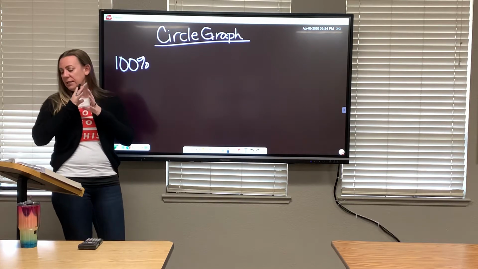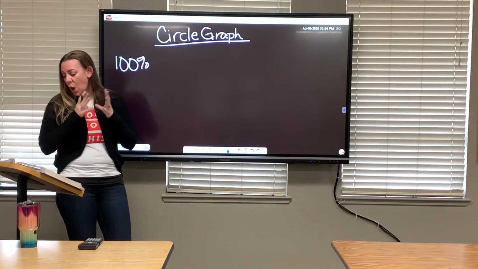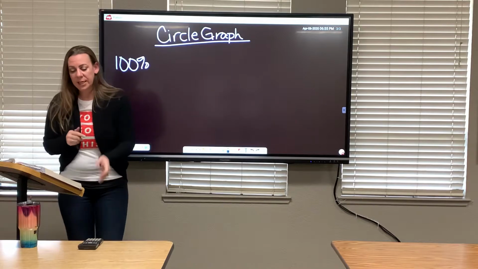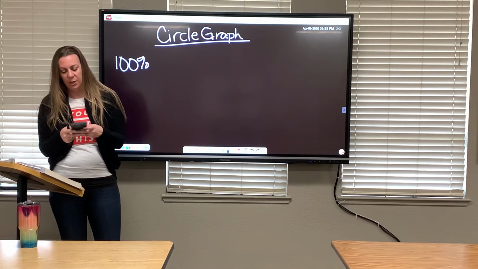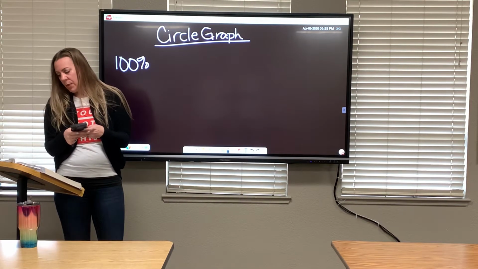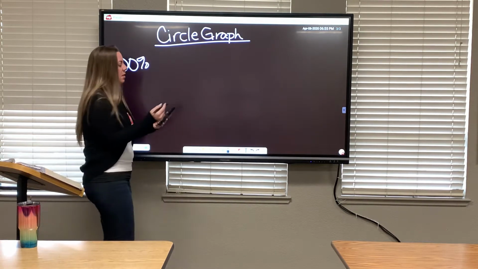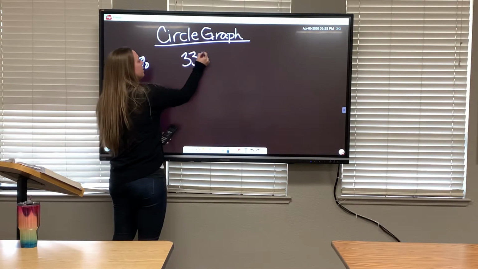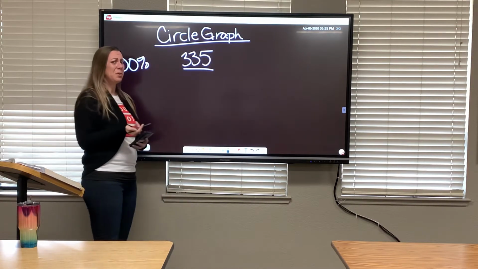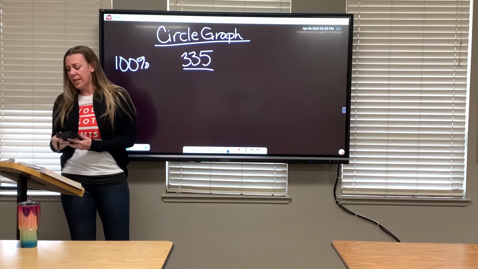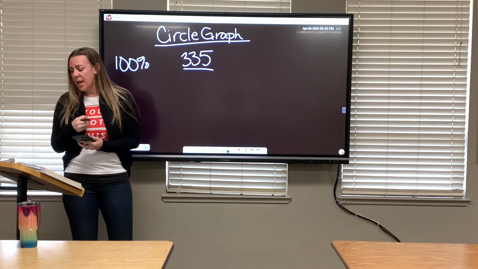They have everything separated, and if you were to add them all up, let's go ahead and do it. 14 plus 19 plus 69 plus 156 plus 77, that's 335. Now this one doesn't really help us because it's not out of 100, but that is something we want to look at and realize.